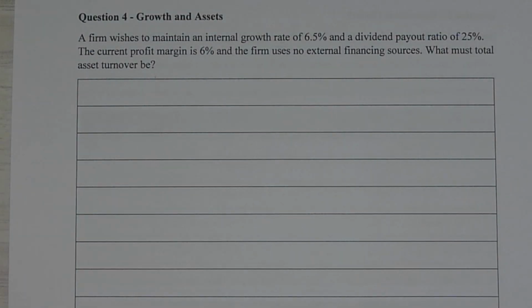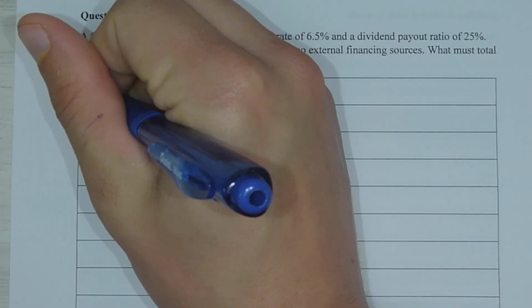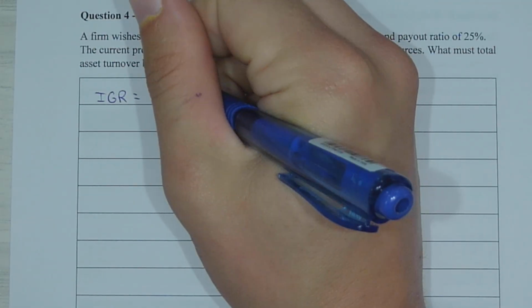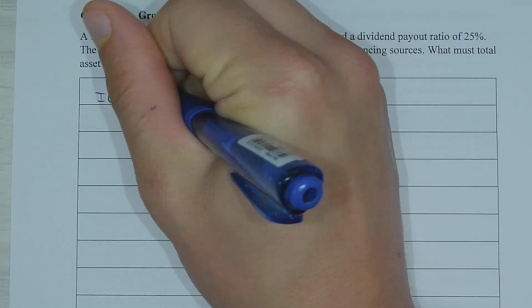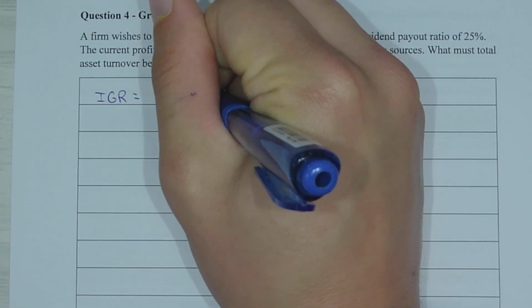Okay, let's start with our internal growth rate. Our internal growth rate is equal to ROA times retention rate over 1 minus ROA times retention rate.